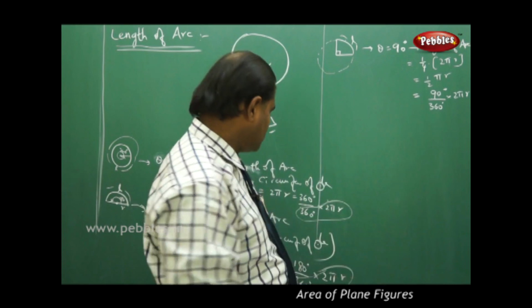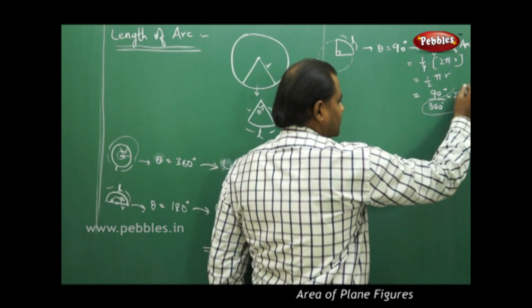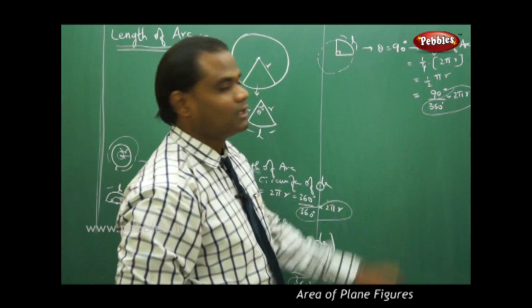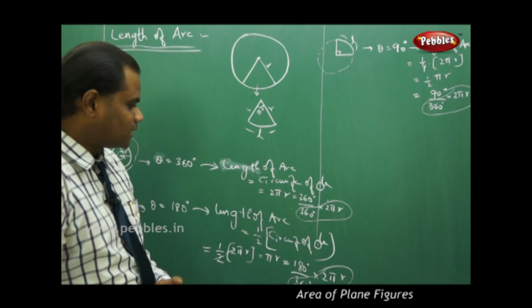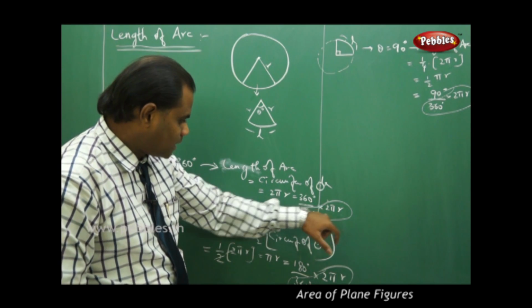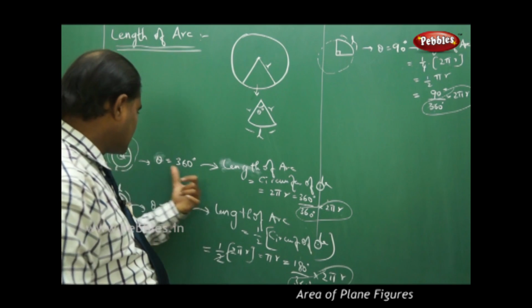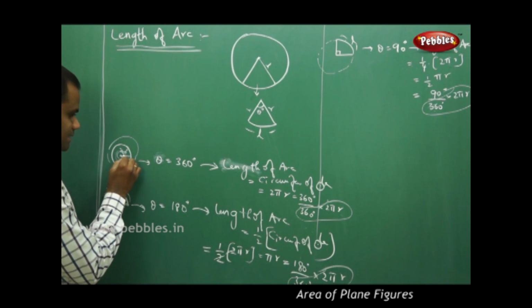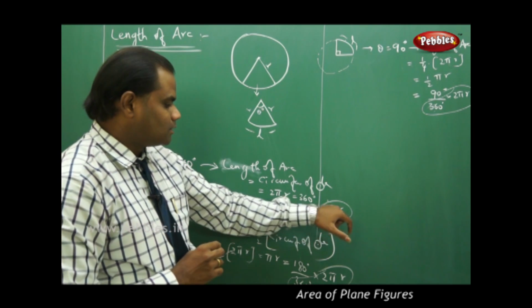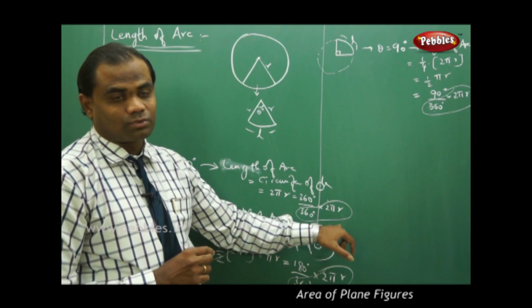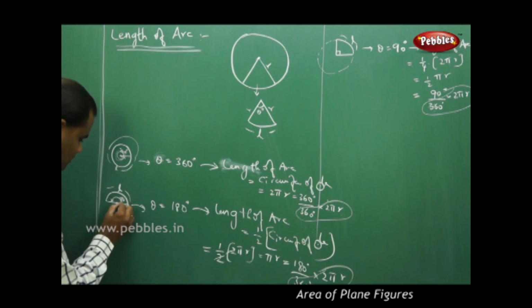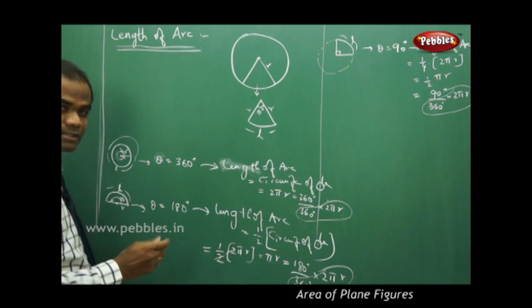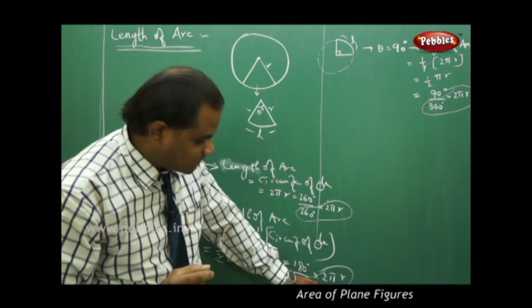So every constant written in the form 2 pi r by 360 times the angle, I obtain a conjecture in a form that whenever I take 2 pi r by 360 multiplied with this angle is nothing but length of arc. So whatever is the angle I consider here, that is to be multiplied to 1 by 360 times 2 pi r. In this case, because this angle is 180, 180 is the angle I multiply to 2 pi r by 360.